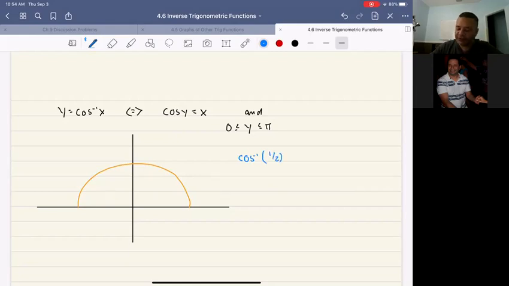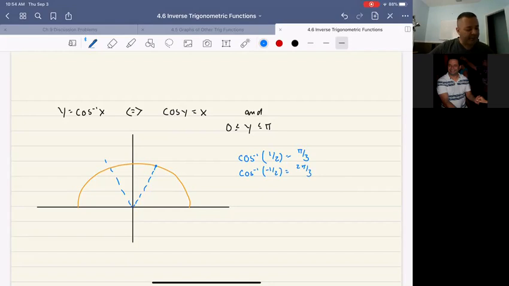Well, where's the inverse cosine 1/2? That's here. So that's going to be pi over 3. Inverse cosine of negative 1/2, on the other hand, that's over here. Okay, that's going to be 2 pi over 3.